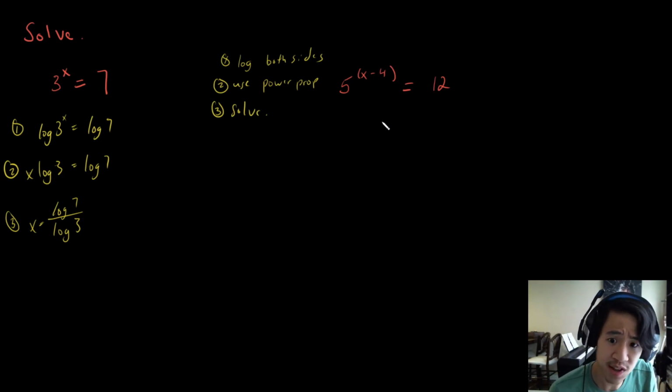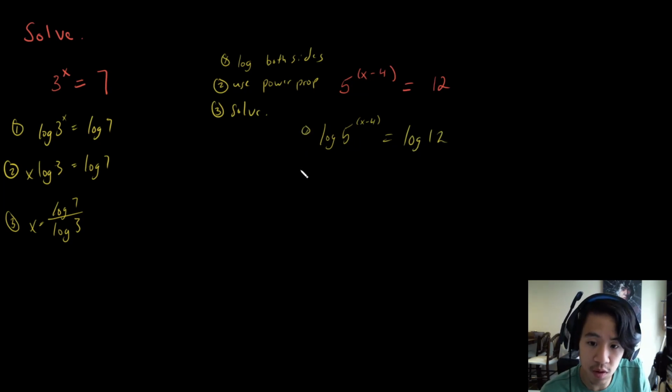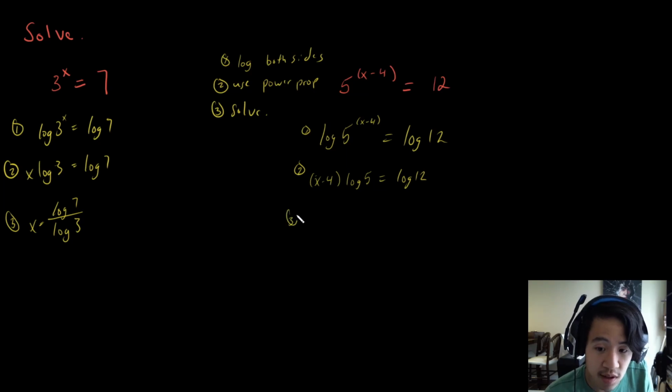Let's try the second example. Same steps. Let's log both sides. So log of 5 to the x minus 4 is equal to log of 12. Second step, use the power property. We can take this x minus 4 in the exponent and put it on the outside. So x minus 4 on the outside, times log of 5, is equal to log of 12. Now step 3, solve for x.